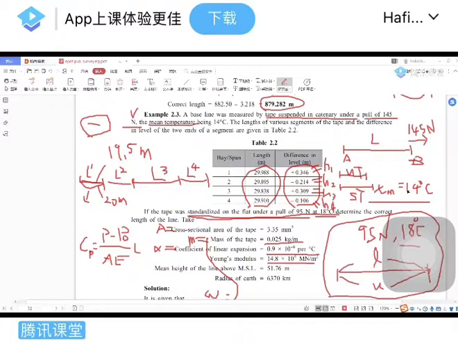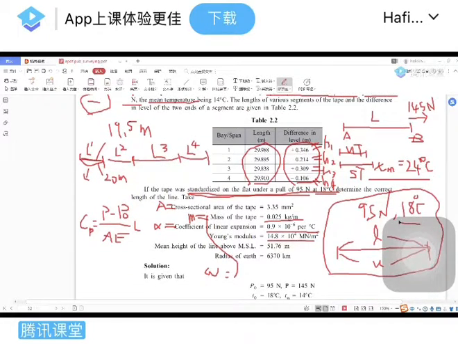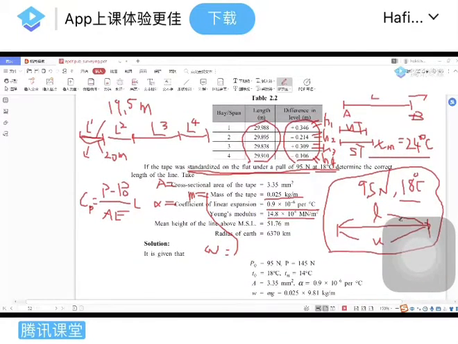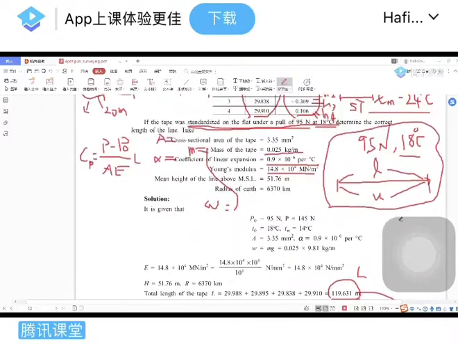Okay, so I change the question. I get rid of 14 degrees. Instead, I give you 24 degrees. Now you have to tell me what the distance is.